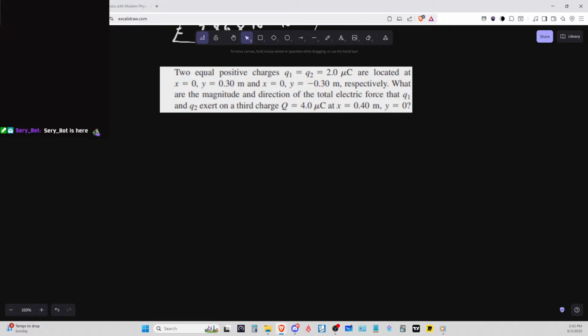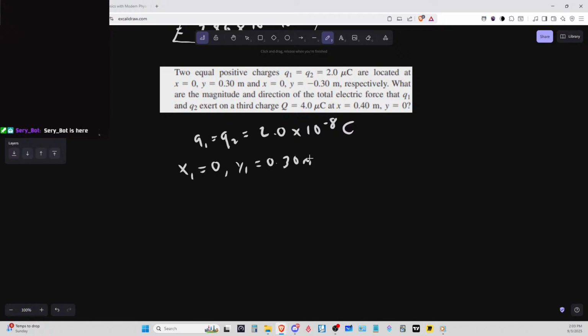Let's see, two equal positive charges, Q1 and Q2, luckily we did conversions yesterday, so 2.10 coulombs are located at X1 and Y1 at this location here.